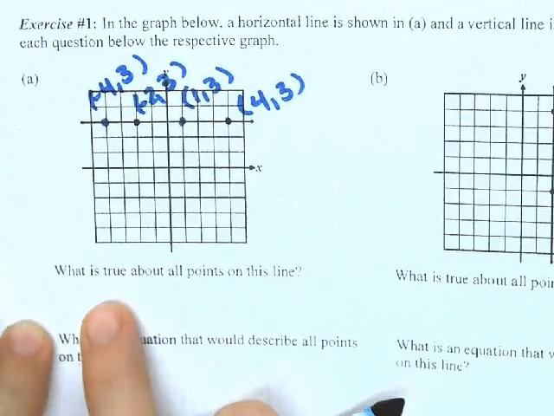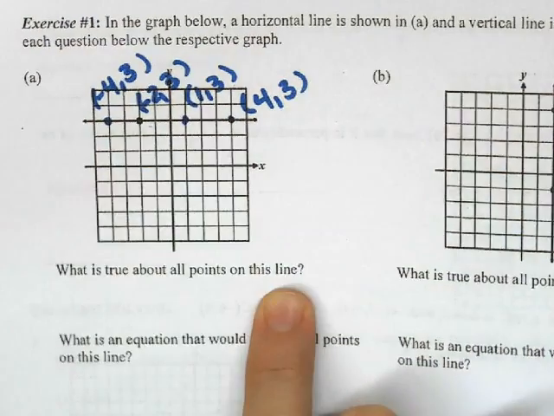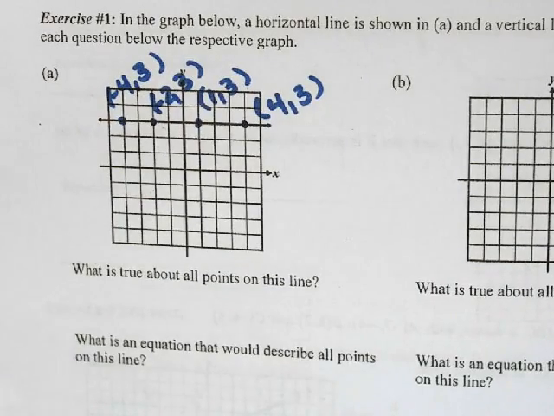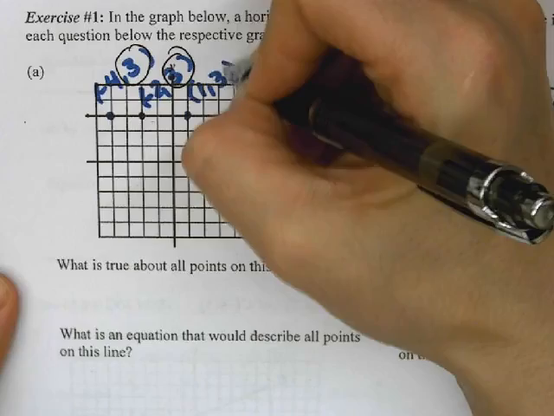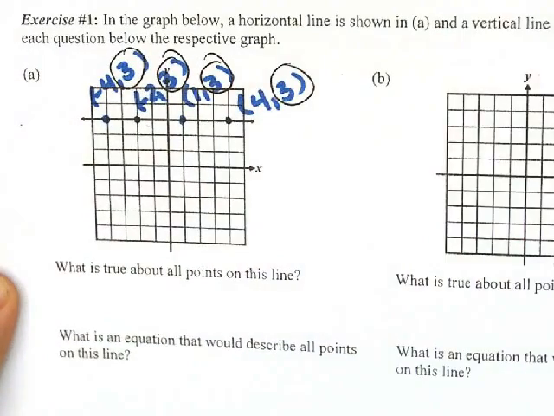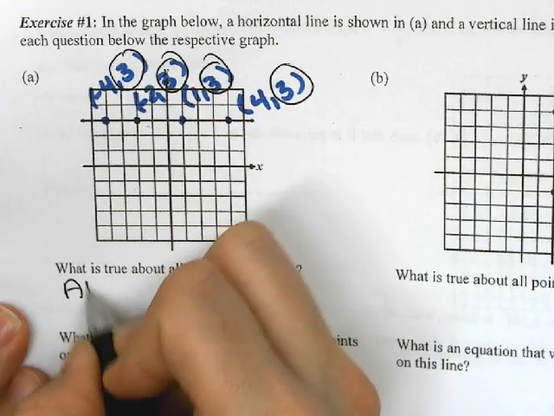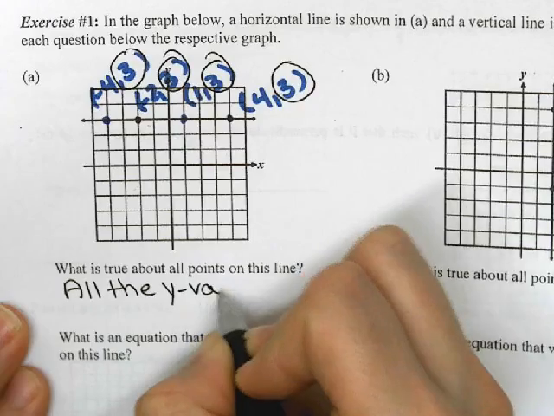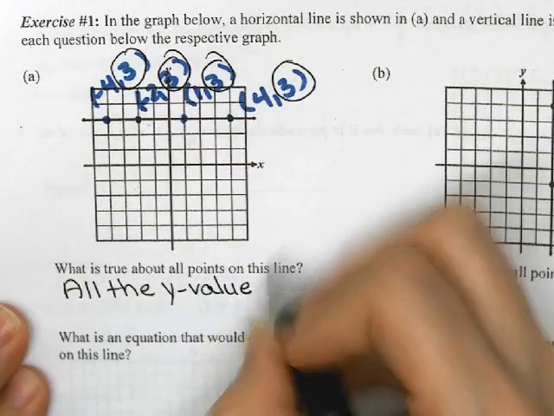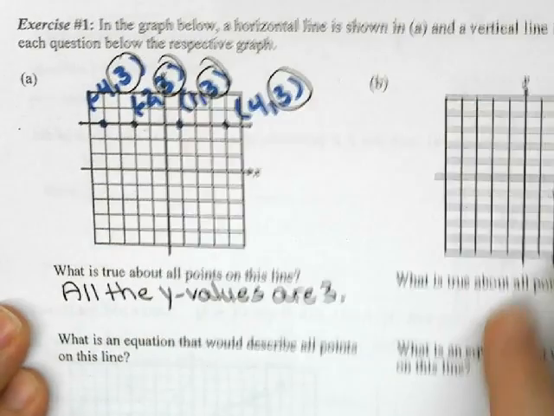So if you look, all the points on this line had a very specific y value: 3, 3, 3, and 3. So our horizontal line, what we'll notice about them is that all the y values, or y coordinates, are 3 in this case.